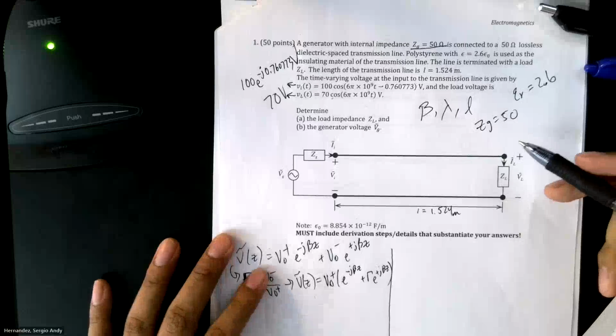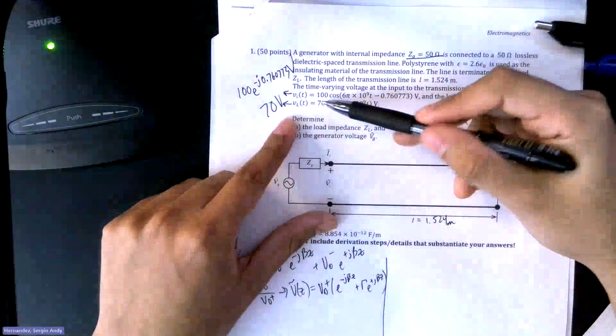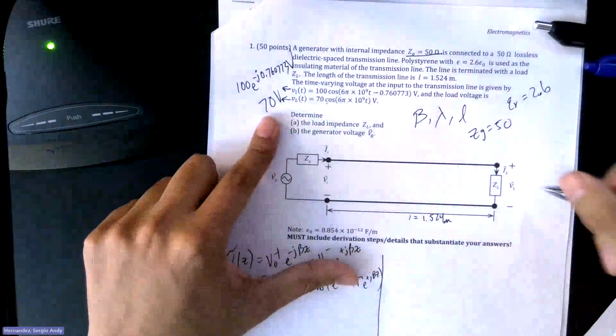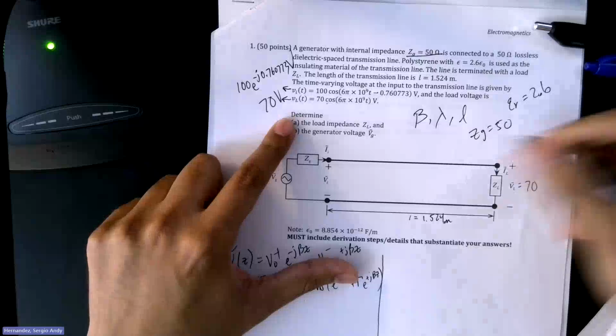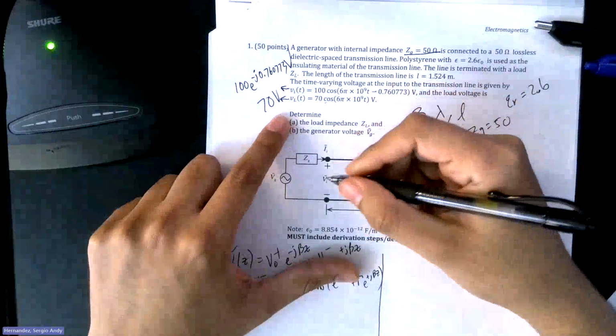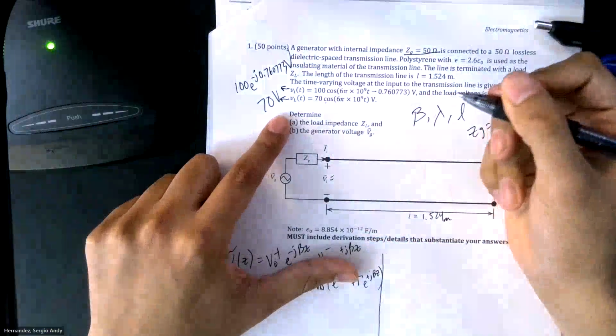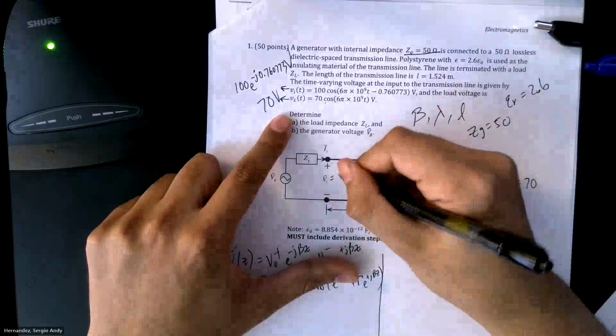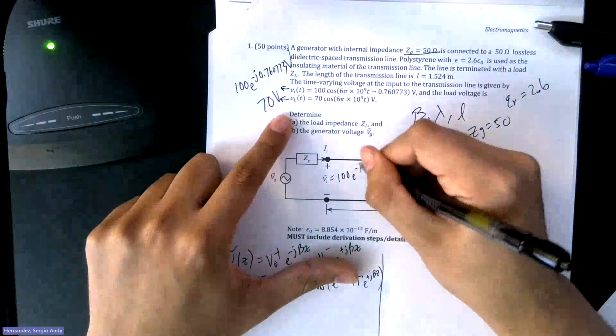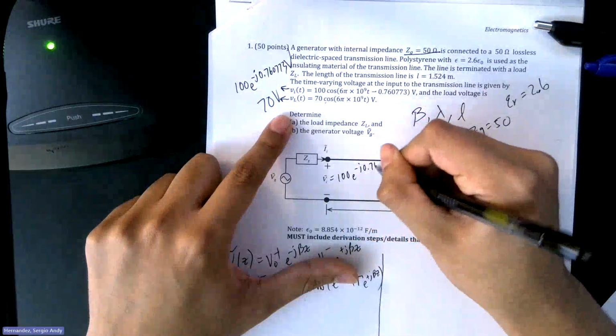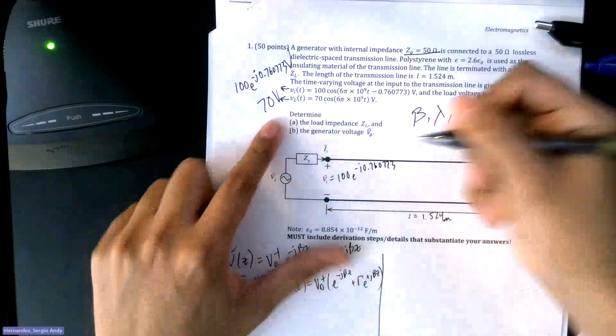Okay. So here, what are you given? You're given the voltage across here, which is 70, and then you're given the voltage at the input, which is 100 e to the negative j 0.760773.